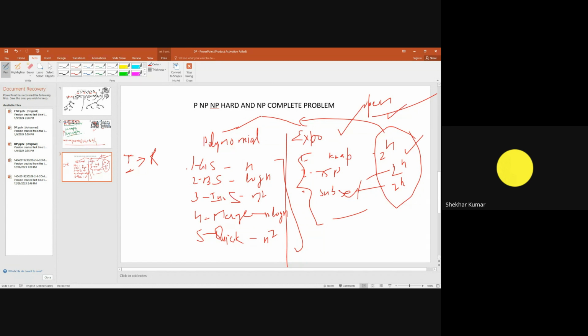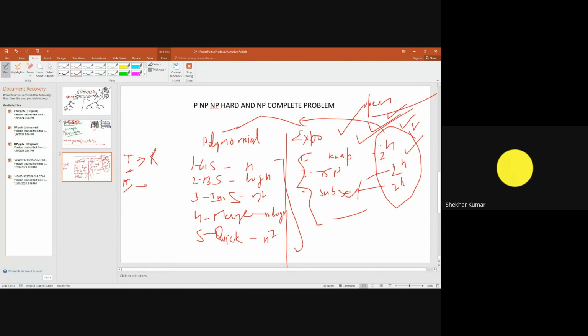Then what should be the second approach? Sorry, second objective. The second objective should be, when you are not able to write any algorithm in polynomial time, then why not write an algorithm in polynomial time that is non-deterministic?